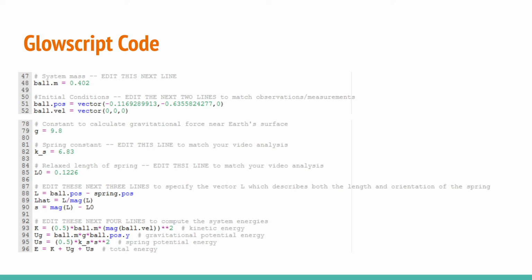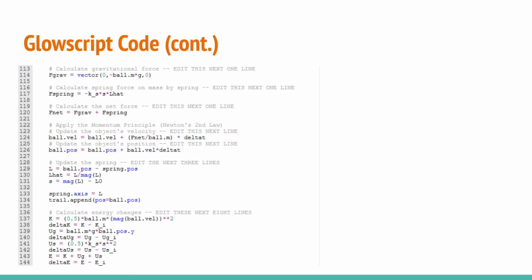For K, potential energy of gravity, potential energy of the spring, and total energy, I used the aforementioned formulas of 1/2 mv squared, mgh, and 1/2 ks squared, as we discussed earlier. The total energy was just the sum of all three of these energies.